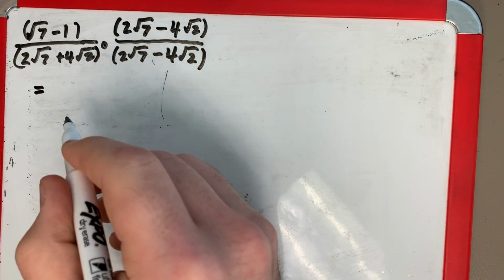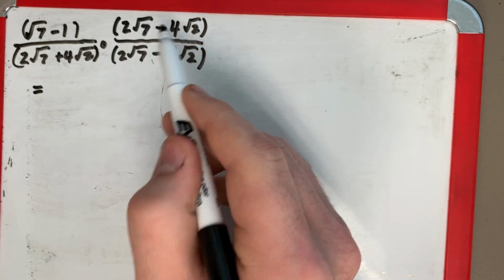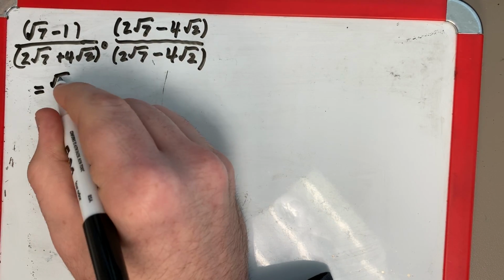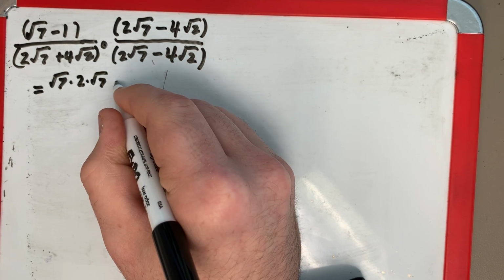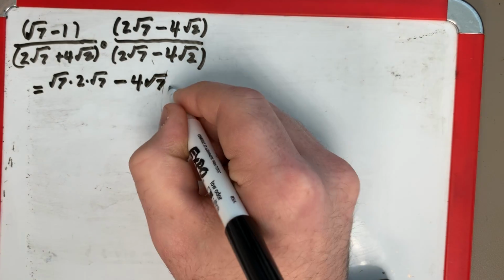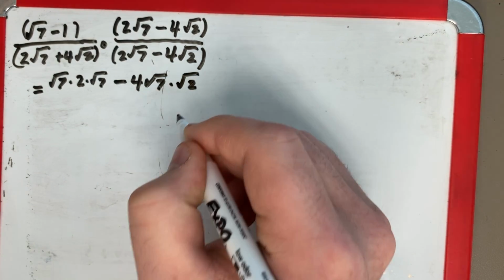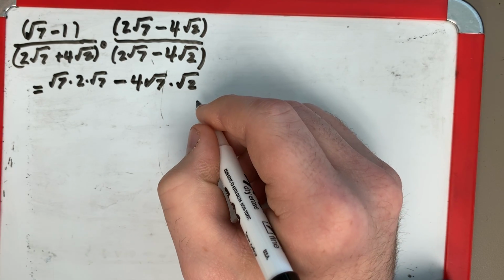The top is going to FOIL as follows. We're going to take this root 7, multiply it to both of these guys, and add it together. So we have root 7 times 2 root 7 minus 4 root 7 times root 2. I changed up the order of multiplication here a little bit, but no big deal. It's the same thing.